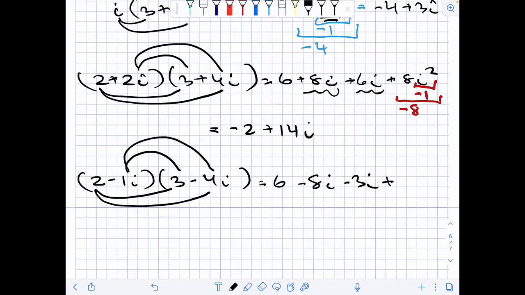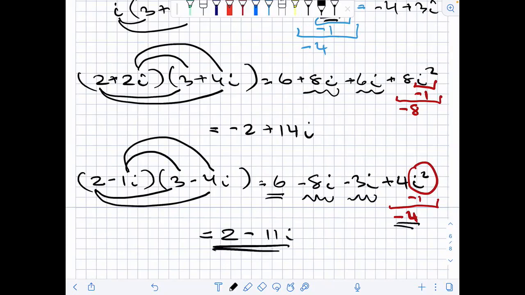Minus by minus is plus. 1 by 4 is 4. i by i is i squared. Calculate the i squared. That's a minus 1. 4 times minus 1 is minus 4. And I now add real with real, imaginary with imaginary. So 6 minus 4 is 2. And minus 8i minus 3i is minus 11i. These are multiplications and adding with subtracting.